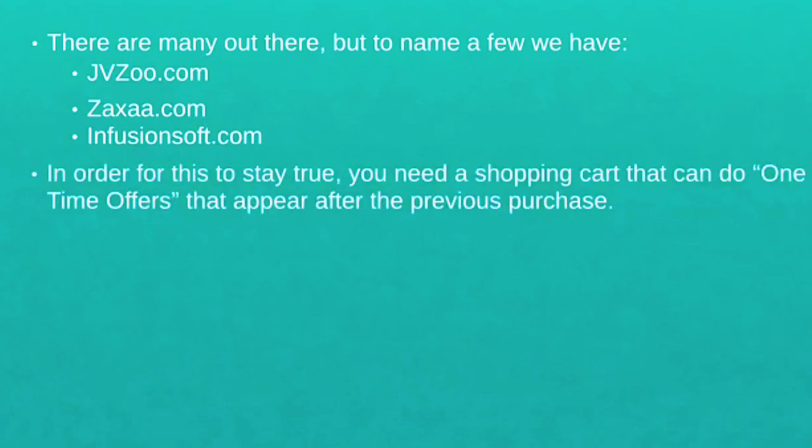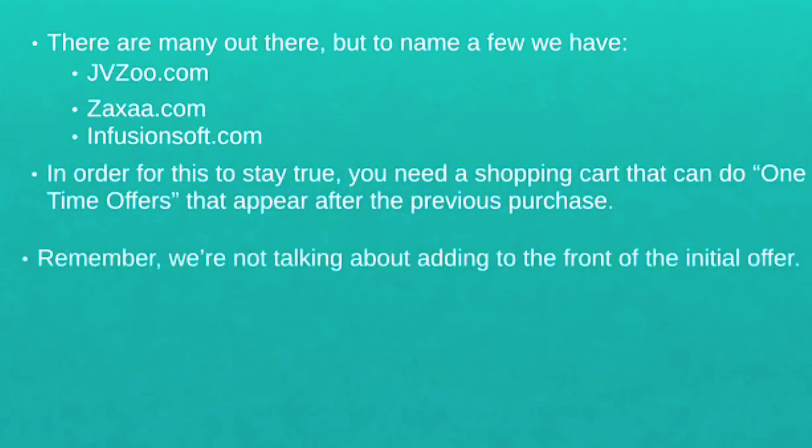Now, there are many out there, but here are just a few to name. There's jvzoo.com, there's zaxaa.com, and there's infusionsoft.com. I will say that Infusionsoft is a lot more complex, so zaxaa.com is typically a good shopping cart system. jvzoo.com as well. Now, in order for this to stay true, you need a shopping cart that can do one-time offers that appear after the previous purchase.